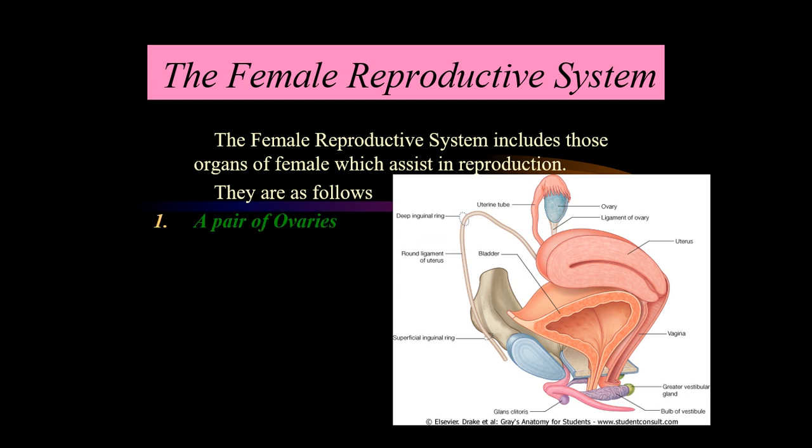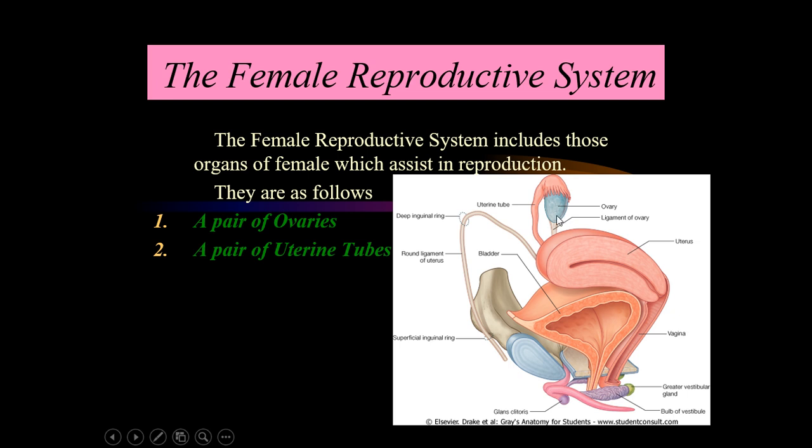So these are the main or the primary reproductive organs, and all others are accessory organs which assist in reproduction. The uterine tubes. Here is the ovary, a pair of ovaries, then a pair of uterine tubes. In this picture, only on one side they have shown you so that you can identify the different structures.